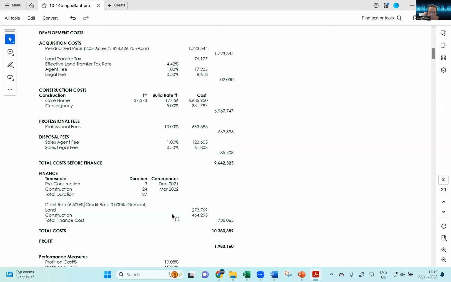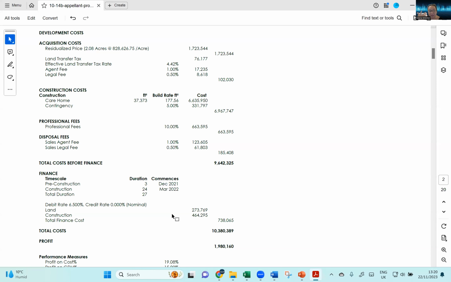But even if you put less than 100%, say 50%, what happens is that this profit doesn't change according to the timing of your development. So you're always going to have the same profit, even if you have a 1-year development or a 10-year development, the treatment is the same.